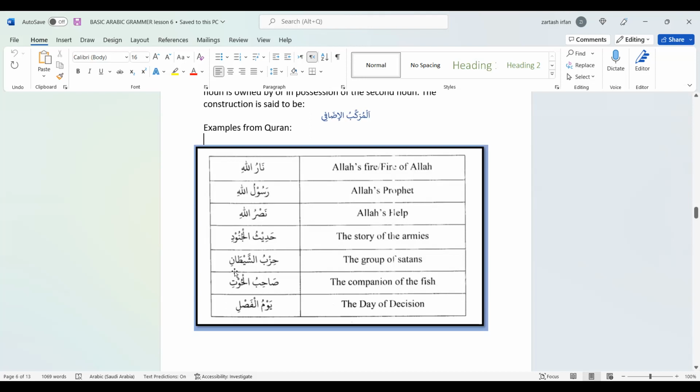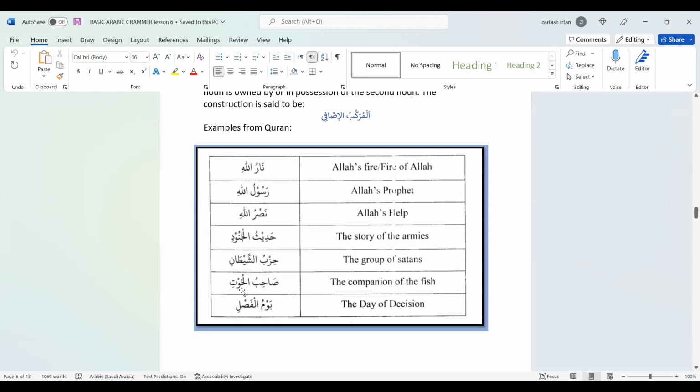Hizbush Shaitani, again see the kasra here for mudaf ilayh, and there is no tanween or al attached with the mudaf. Hizbush Shaitani, the group of Satans. Sahibul Huda, again look at the mudaf ilayh, it contains a kasra, and look at the mudaf, no al or tanween here.